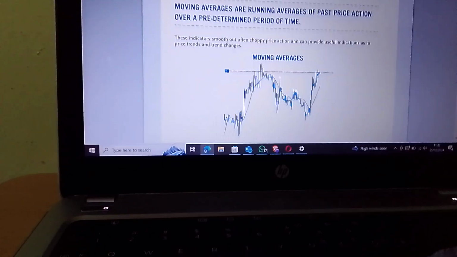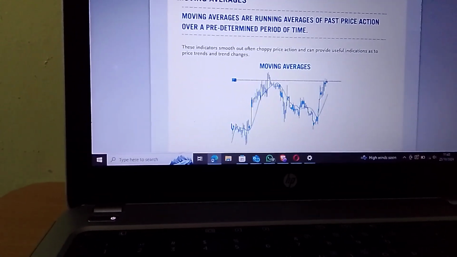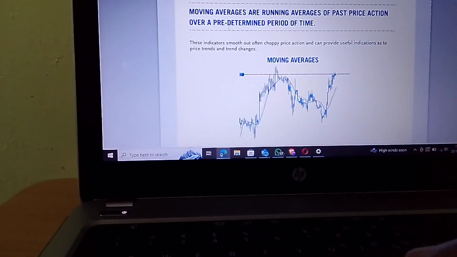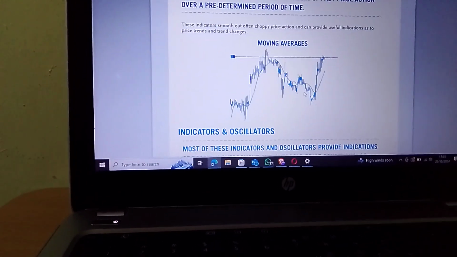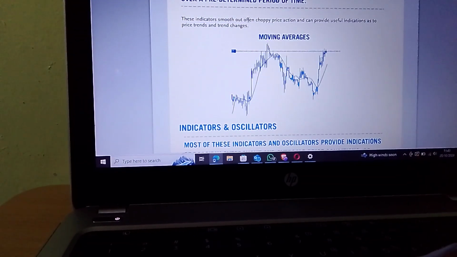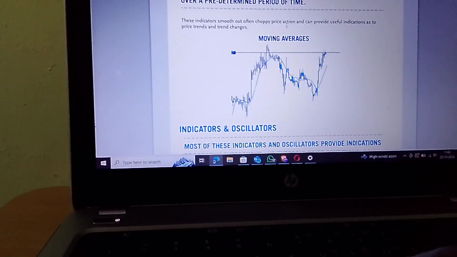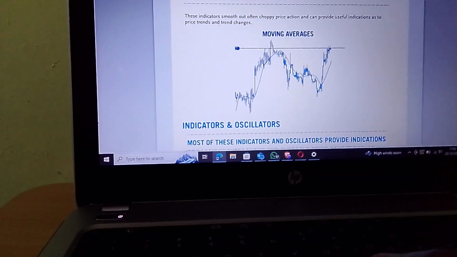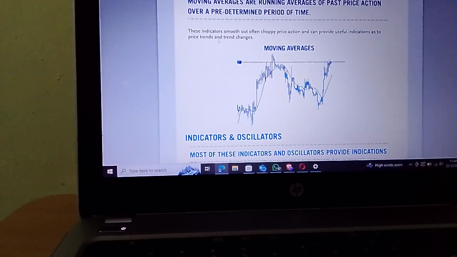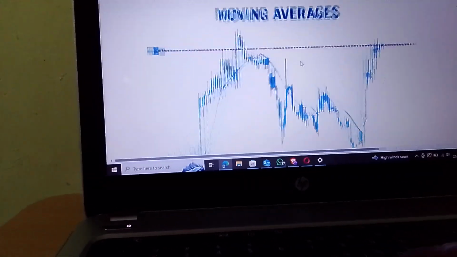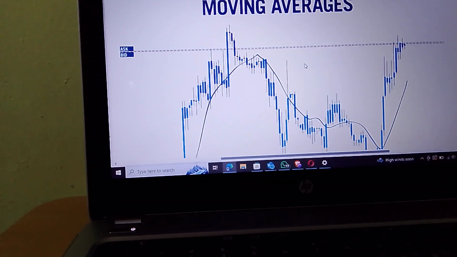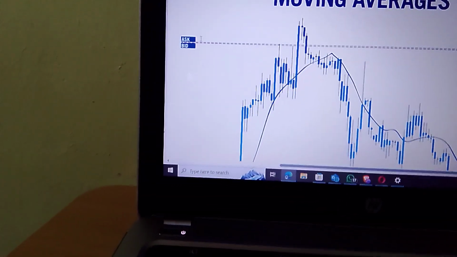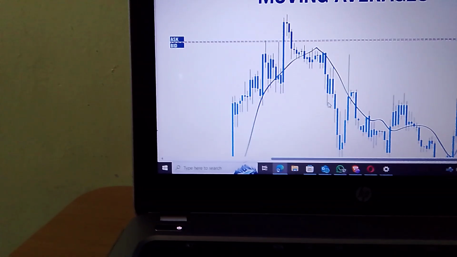Okay, so moving on. Moving averages. So moving averages are running averages of past price action over a predetermined period of time. These indicators smooth out often choppy price actions and can provide useful indications as to price trends and trend changes. So I think, okay, let's see that. Ask bid.